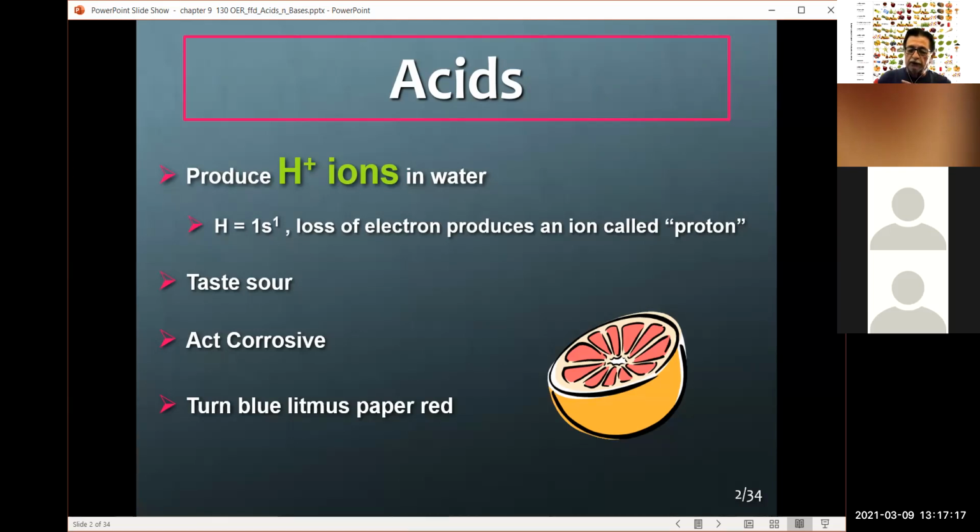A litmus paper simply tells you whether it's a base or an acid. If you put blue litmus paper in a solution and the paper turns red, that indicates you have an acid. It doesn't tell you how strong it is.